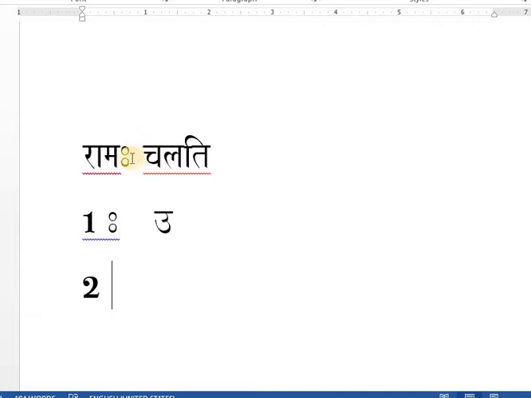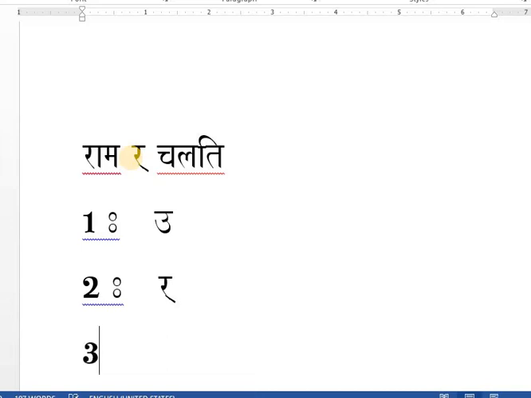Second, this visarga can be converted to ra, the ra consonant. Sometimes in the sloka you will find that visarga is converted to ra, so it will be useful for you to understand how two words are disjoined. So here I have written visarga changed to ra.